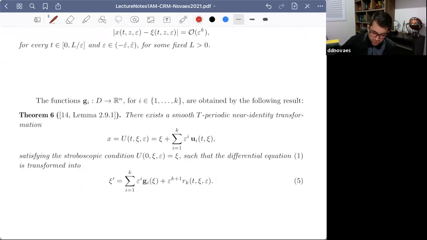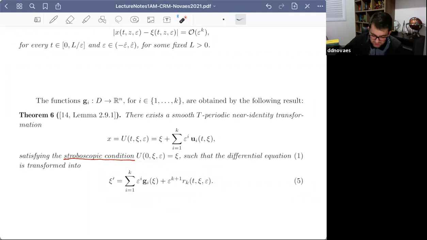There exists this transformation satisfying the so-called stroboscopic condition. I'm going to comment on this condition in a second. Satisfying the stroboscopic condition, that is, u(0, z, ε) = z, does not depend on ε, such that the difference equation 1, our standard form, is transformed into this new equation. Notice what's happening here.